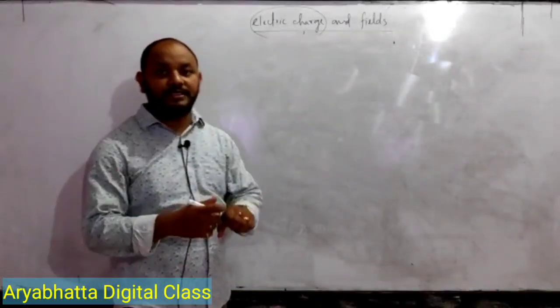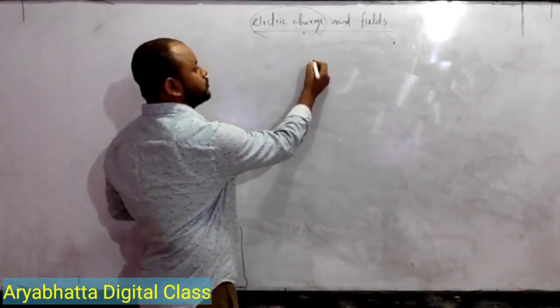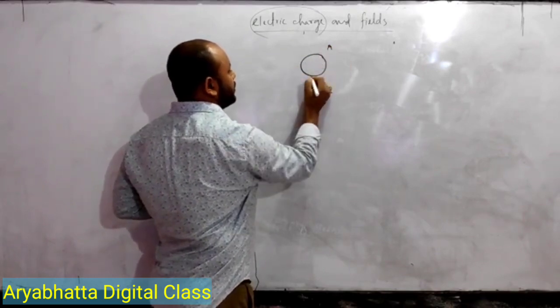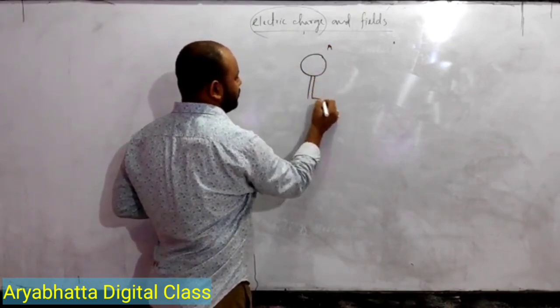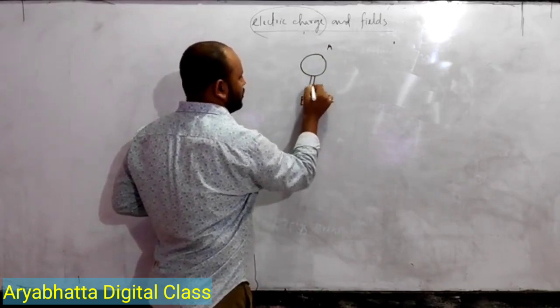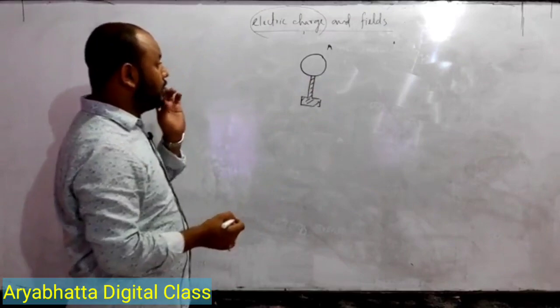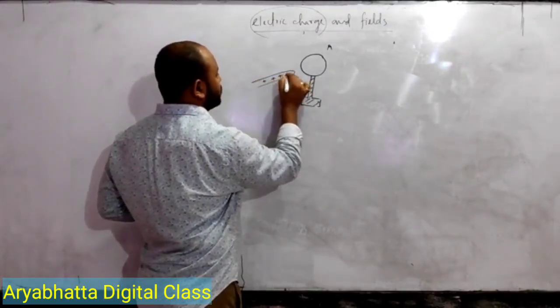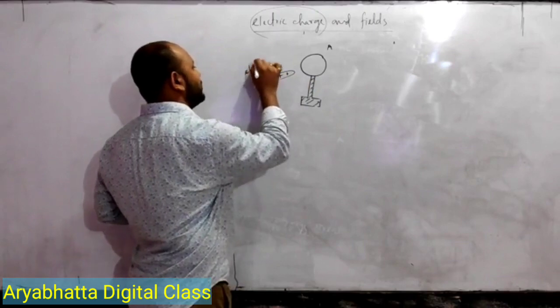Okay. If you take a single conducting ball, suppose we take a single conducting ball A standing on an insulator, and you bring this electrified glass rod.